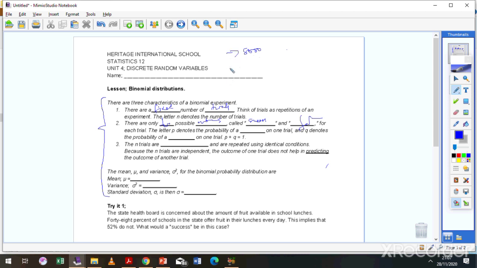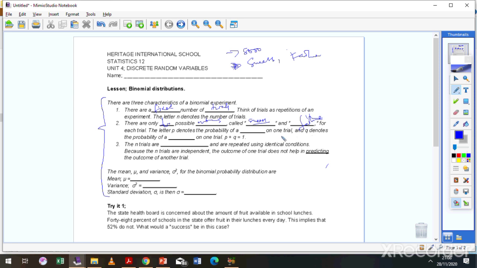Let's say the event you're interested in is getting a head. If the coin is not biased, then there are two possible outcomes. You could get the head, which is a success, or you may not get the head, which is a failure. That's why the two possible outcomes are called success and failure.